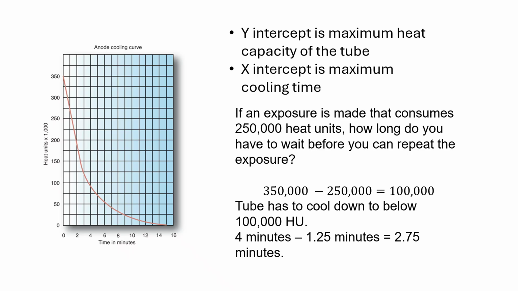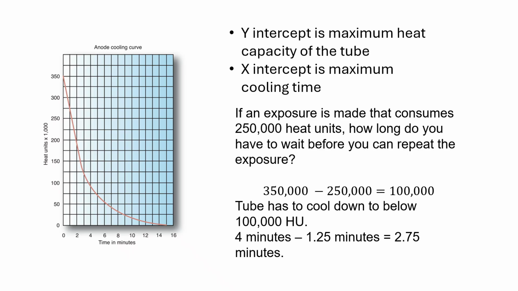So if you load it up with 250,000 and then you let it cool for 2 3/4 minutes, then it will be at the 4-minute mark and it will be below 100,000 heat units. And so then it's safe to load another 250,000 because you'll still be under the maximum of 350,000. See how I did that? Okay.